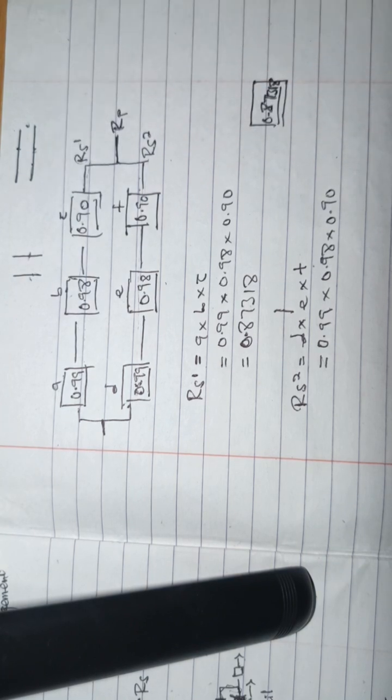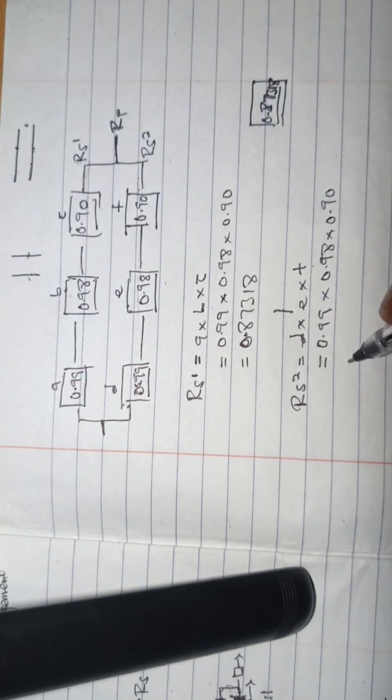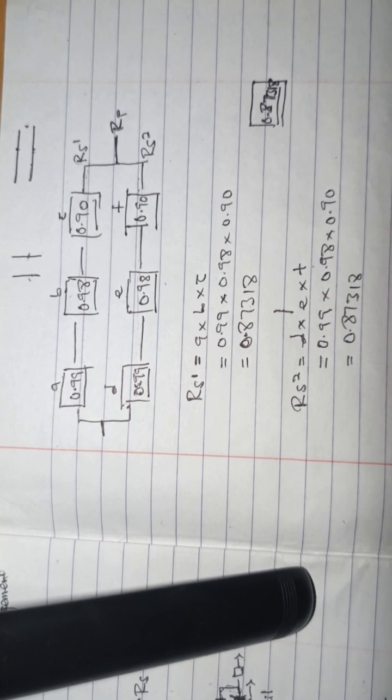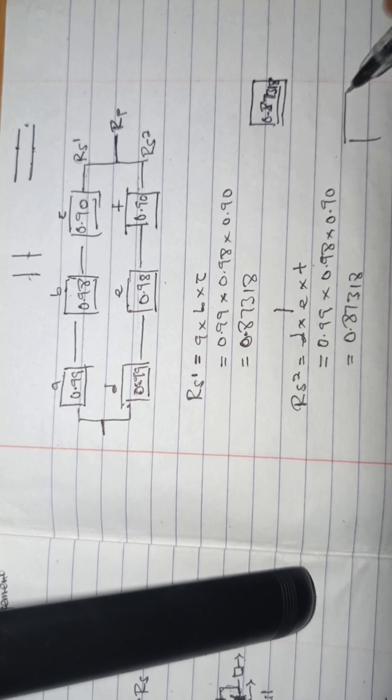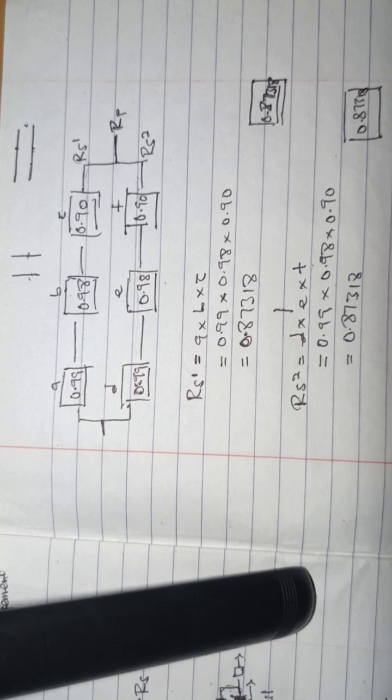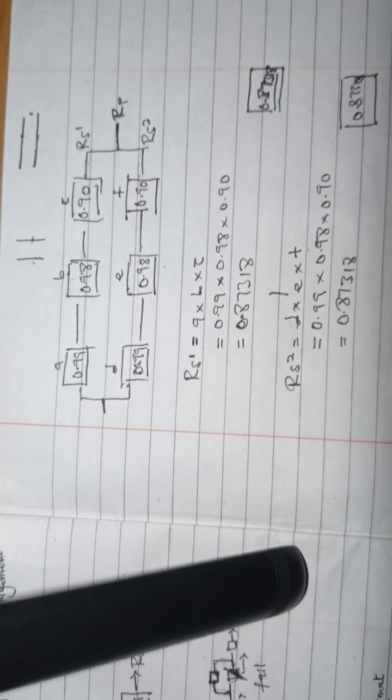Oh, it is basically the same. Okay, which means that we are going to get another 0.87318. Do you get it? Okay, so this becomes another component, which is 0.87318.